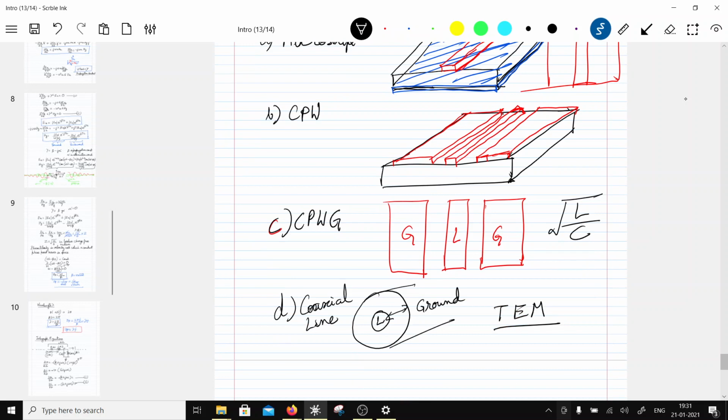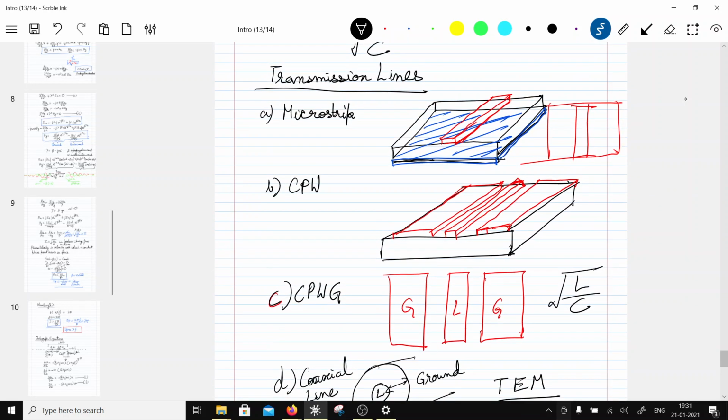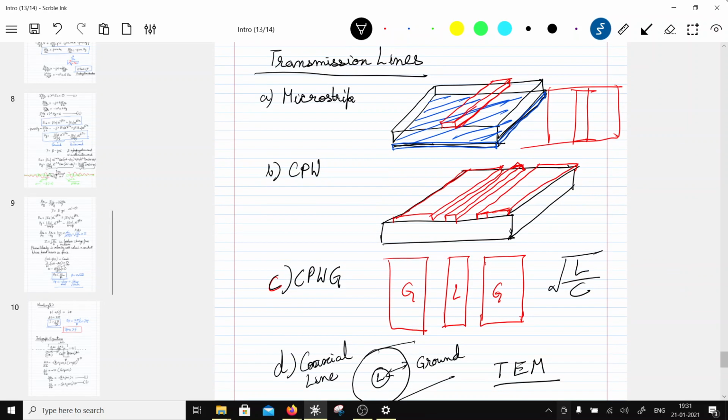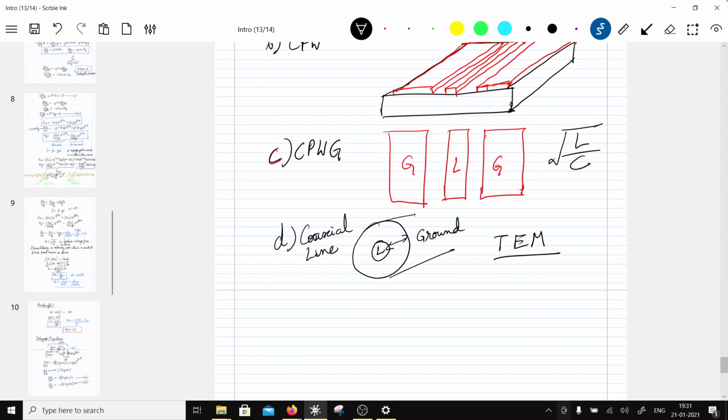Now depending on which line you are talking about, right, microstrip, CPW, CPWG or coaxial, you can see it is just a play of L and C, and the propagation velocity is going to be 1 over root of LC, right?